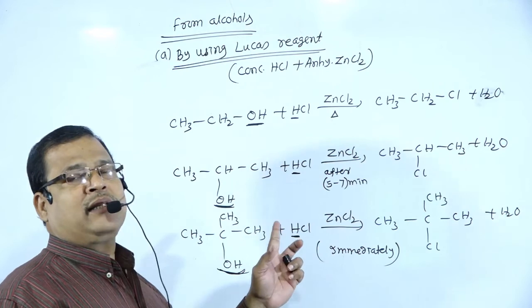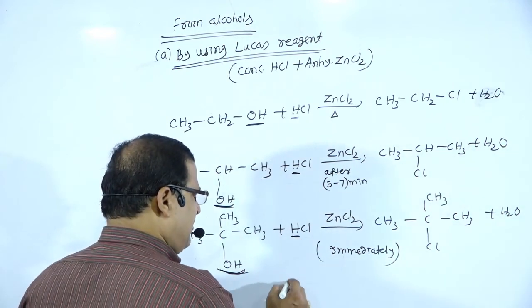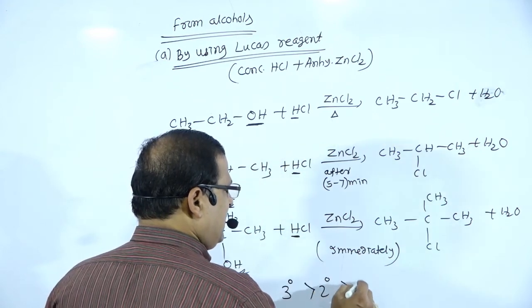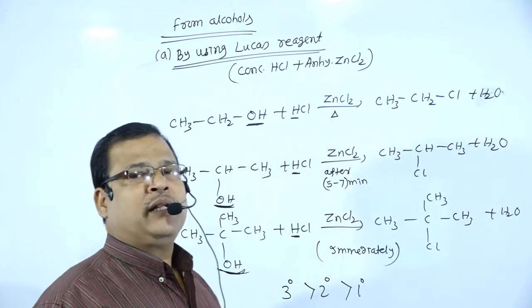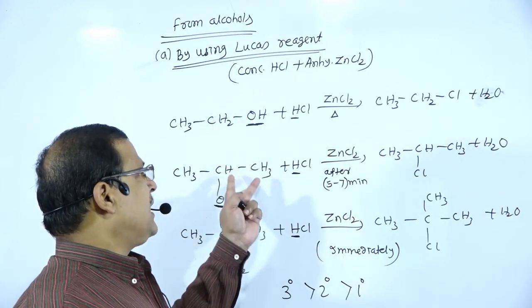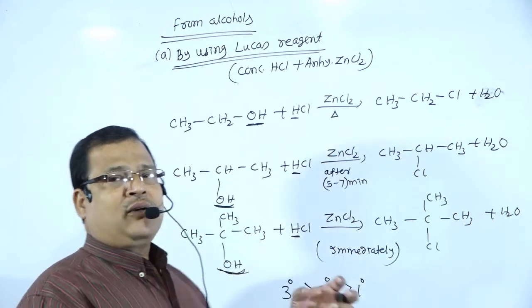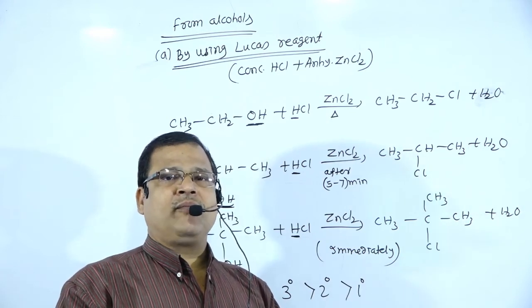If we take the reactivity of these alcohols, tertiary is more reactive than secondary, which is more reactive than primary. This is also one of the tests to distinguish between primary, secondary, and tertiary alcohol. How? Three alcohols are taken in three separate containers.